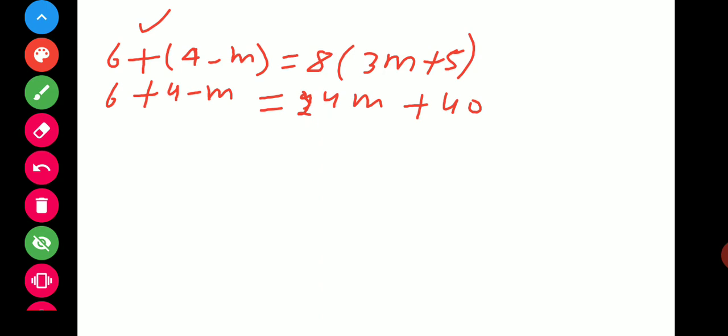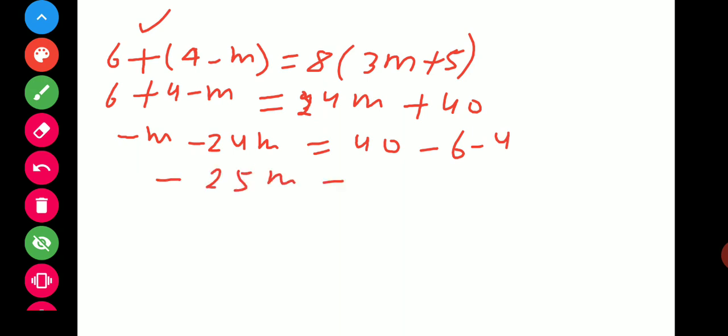Like terms change on same side, so it is minus m and minus 24 of m is equal to 40 minus 6 and minus 4. It becomes minus 25 of m.